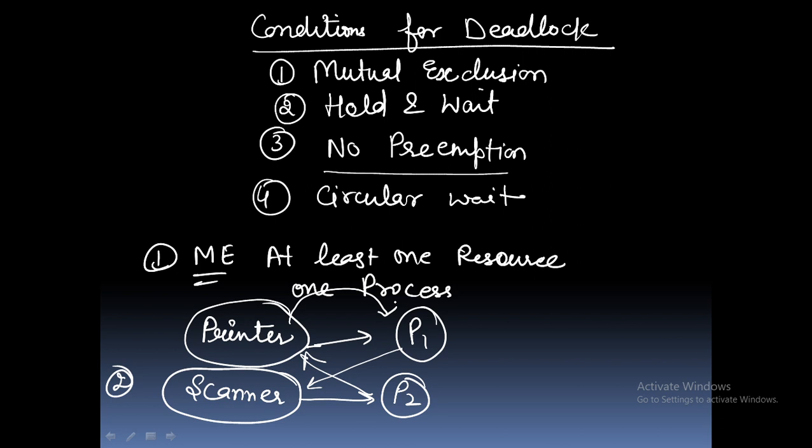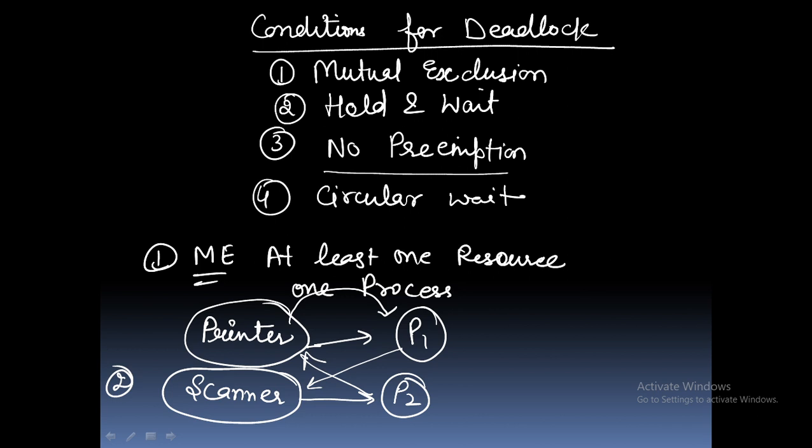Fourth is circular wait. All the processes must wait for the resource in a cyclic manner, where the last process waits for the resource held by the first process.